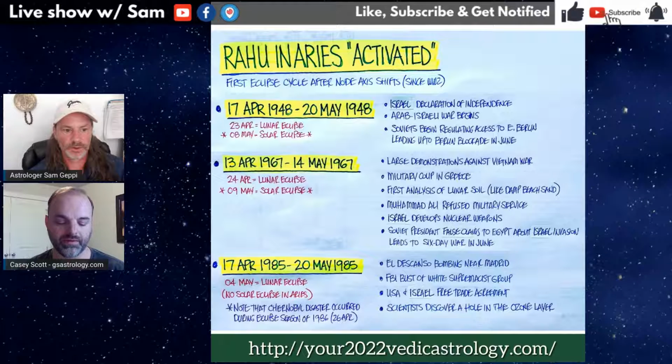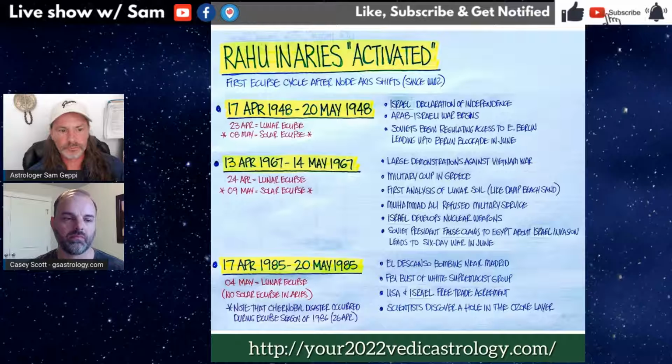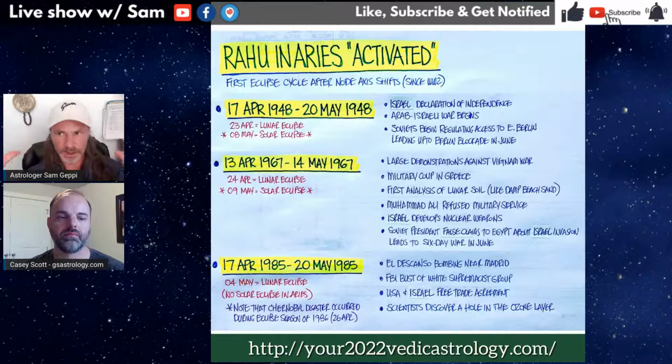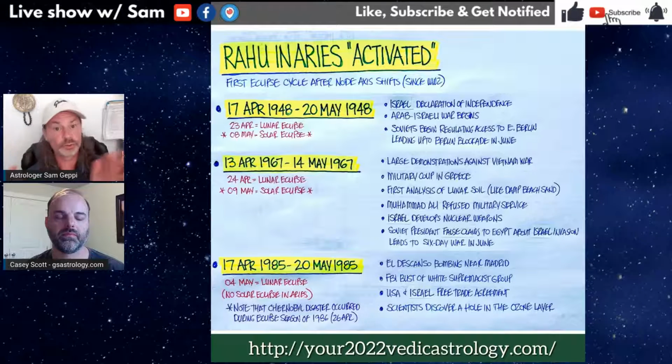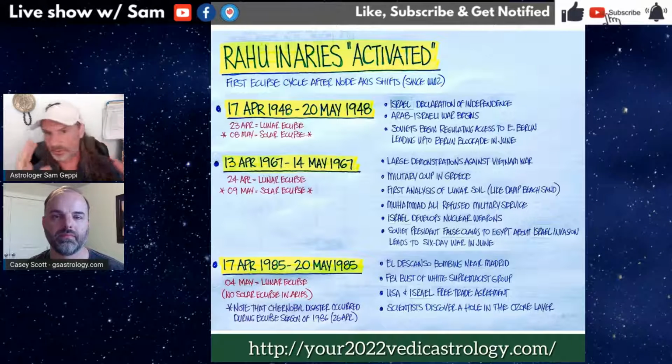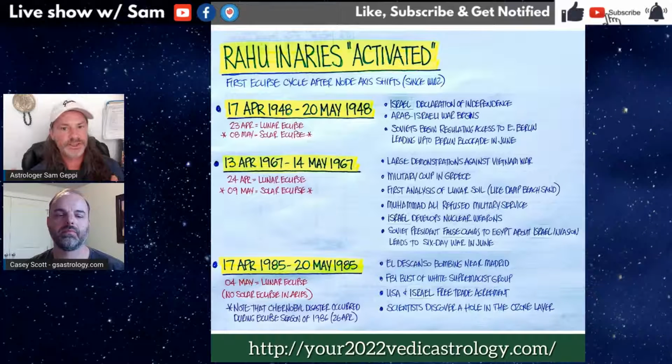That's a good point. And so again, it's fascinating that Israel was conceived in this Rahu in Aries time. And in many ways, that's the kind of modern conspiracy, the modern post-World War II world. By the way, that also plays into the New World Order, and look at how much these things are still going on.